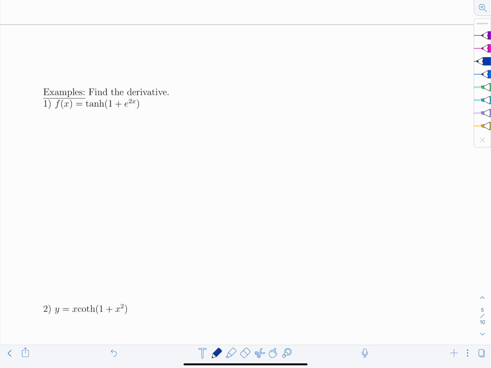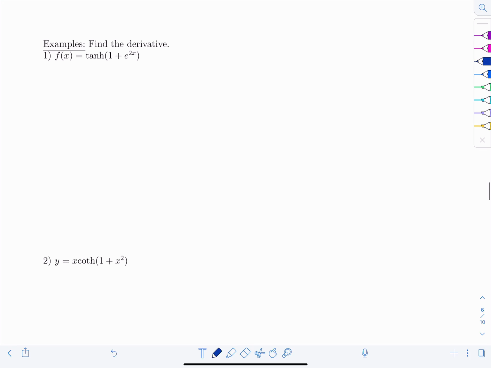Okay, so let's practice finding some derivatives here. Let's find the derivative of tanh of 1 plus e to the 2x. So f prime of x, I'm going to have to use the chain rule, right? So derivative of tanh is sech squared. So I have sech squared, leave this alone, 1 plus e to the 2x. Now using the chain rule, I have to multiply by the derivative of 1 plus e to the 2x.